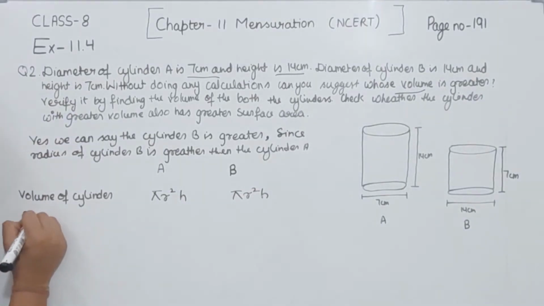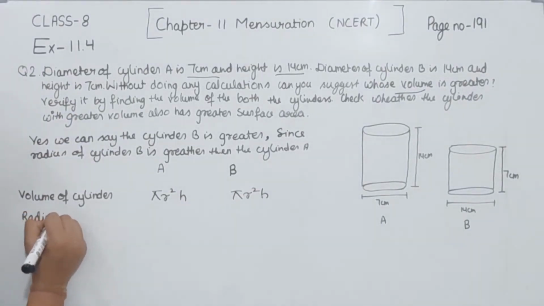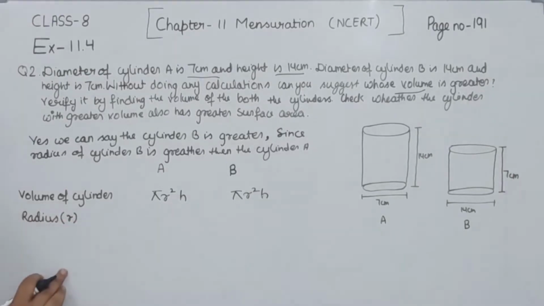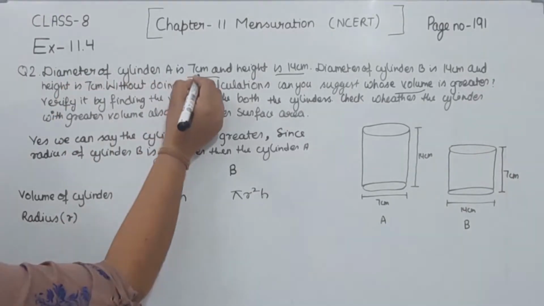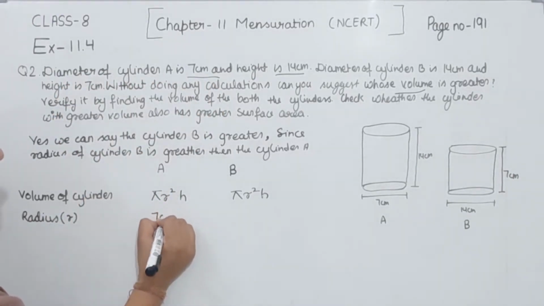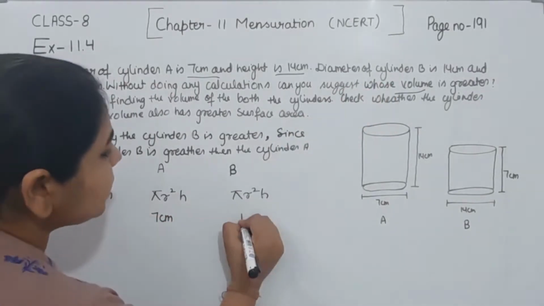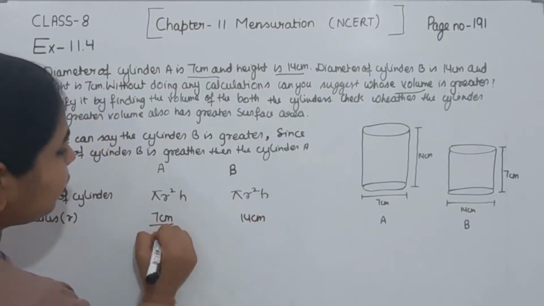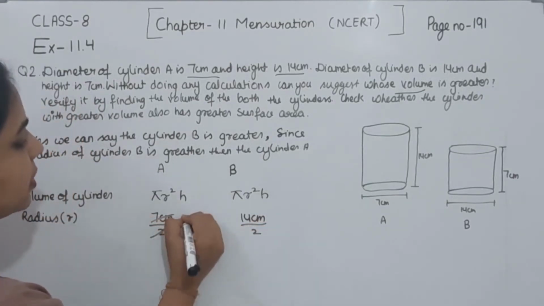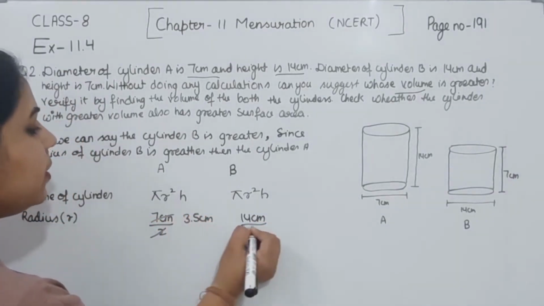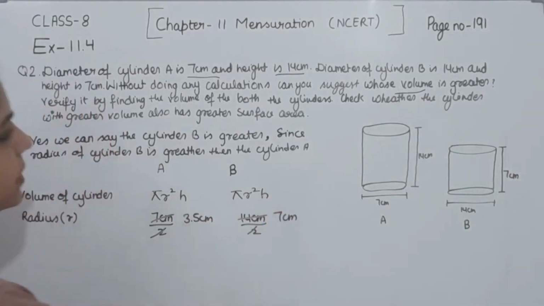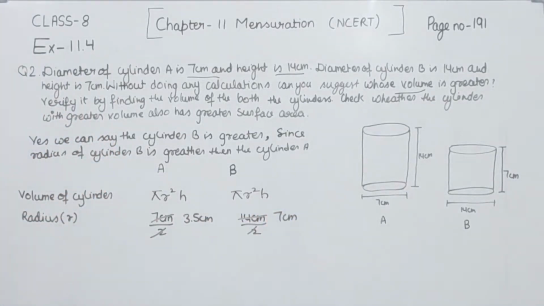First of all we are going to find the radius. The diameter of A is 7 centimeter and the diameter of B is 14 centimeter. We divide by 2. This one is 3.5 centimeter and this one is 7 centimeter.